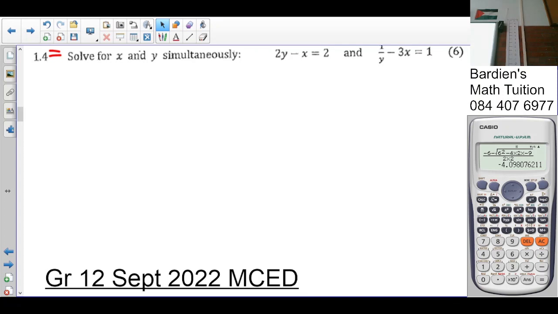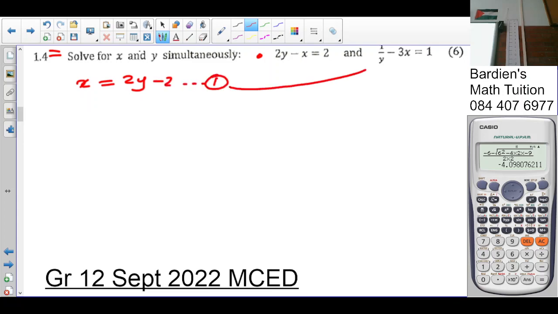So either you make x or y the subject of the formula in either one of the two equations. I'm going to make x the subject of the formula in the first one. So I bring the y over, and the 2 over, so it's x equals 2y minus 2. That's equation 1. Substitute equation 1 into equation 2. So you have 1 over y minus 3 times (2y minus 2) equals 1.